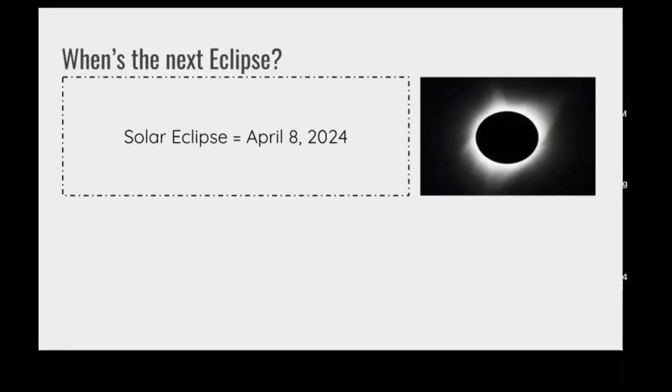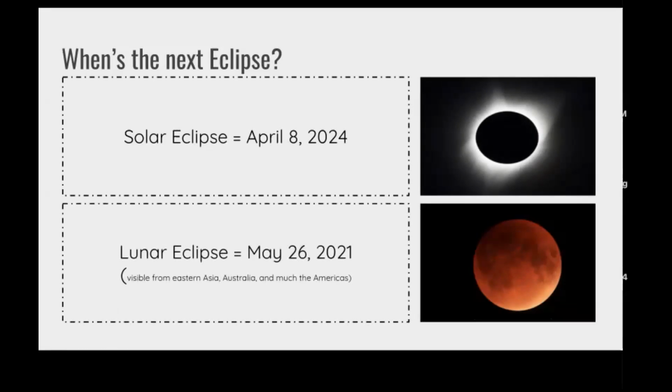But then your next lunar eclipse isn't that far away. It's like 6 months away, May 26, 2021. And again, it'll be visible for much of this side of the planet, the lunar eclipse.